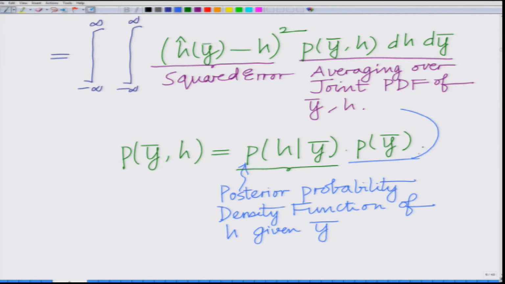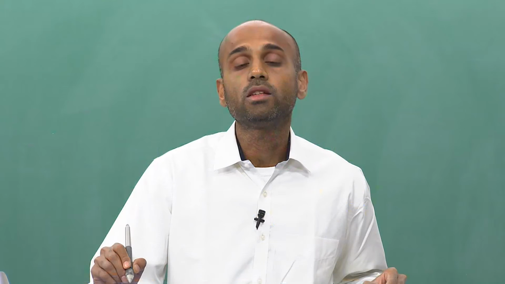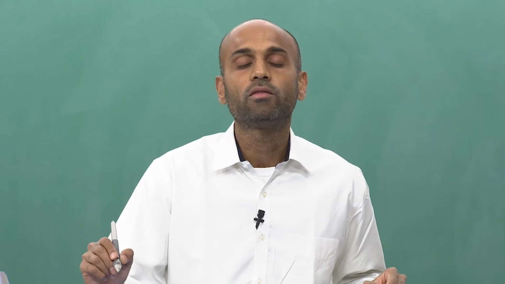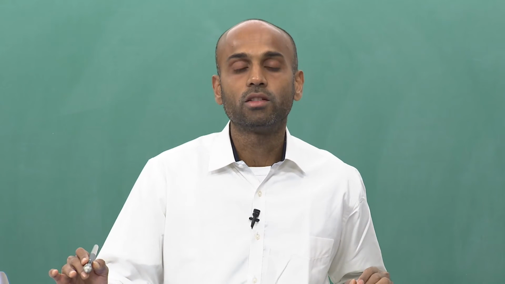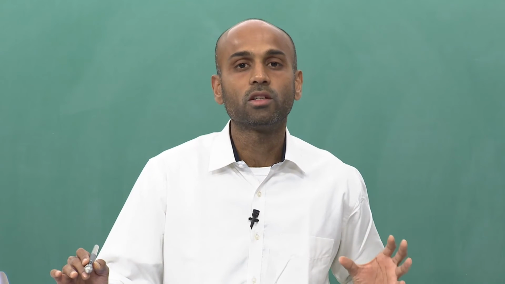And P of y bar is the marginal probability density function of y bar, where PDF basically represents probability density function. So, P of h given y bar is an important quantity. This is the a posteriori probability density function of the parameter h. Remember, we said we have a prior probability density function of h, which gives information about the parameter h.